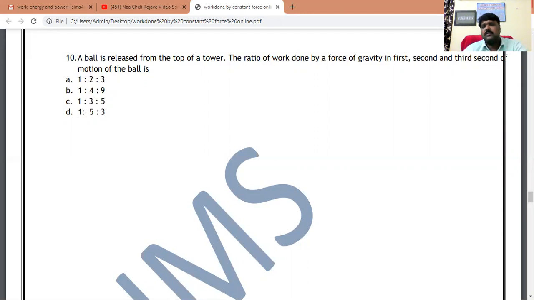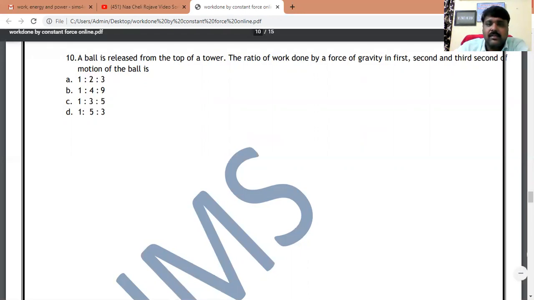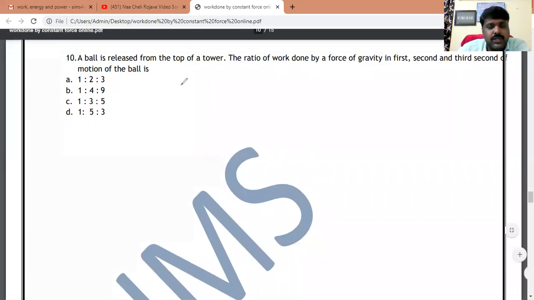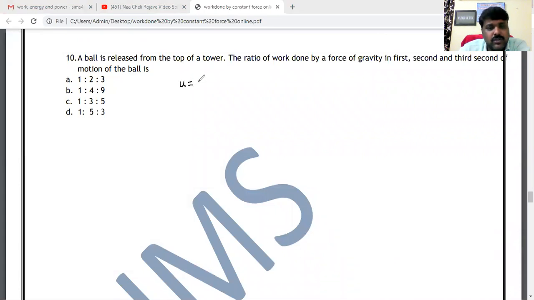Whenever the ball is released from the top, its initial velocity is 0, and it is coming towards the ground. Here we take acceleration due to gravity as positive, u equals 0, acceleration due to gravity plus g.